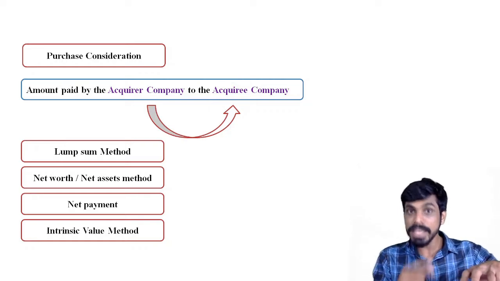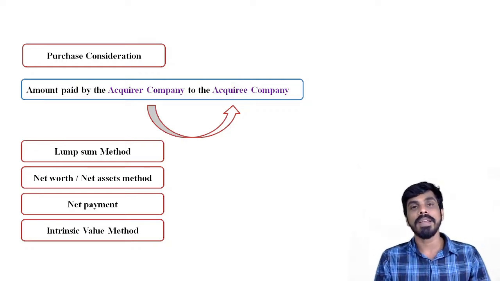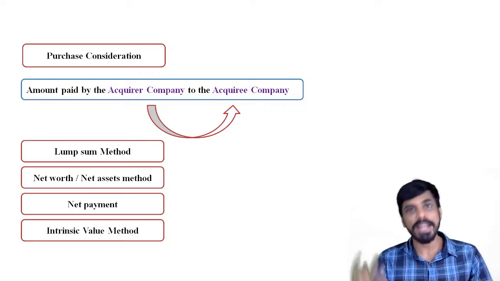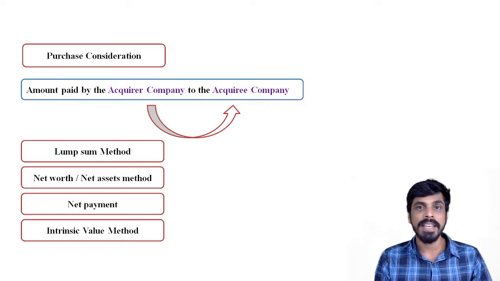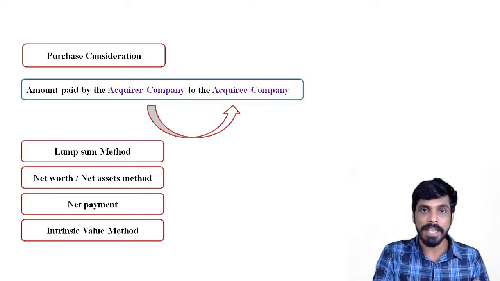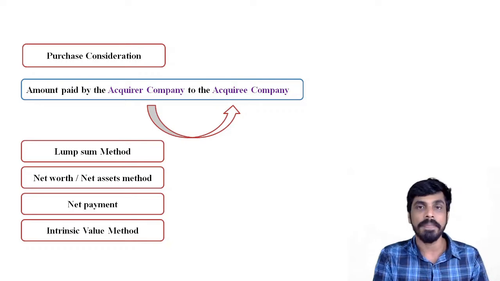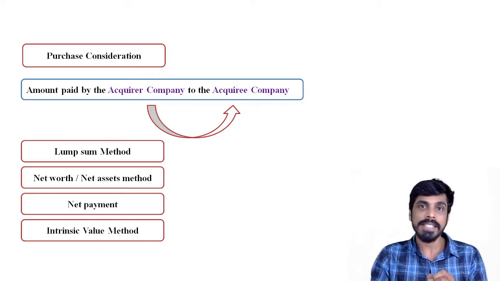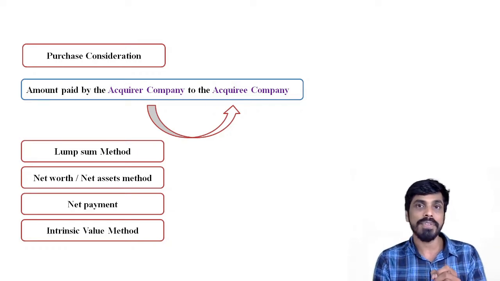So they need to get something in return, right? Who will give? The acquirer company will give some amount to the acquiree company for taking over their business. That is known as purchase consideration.